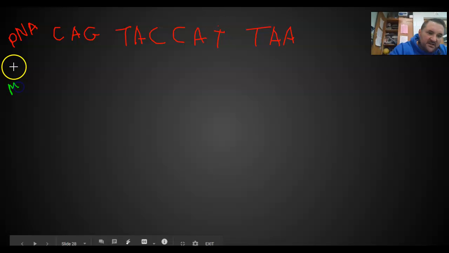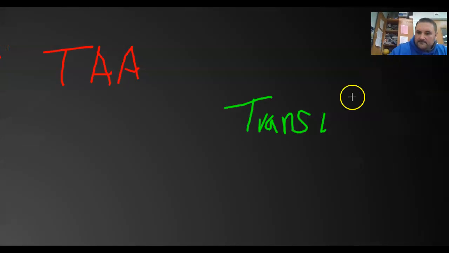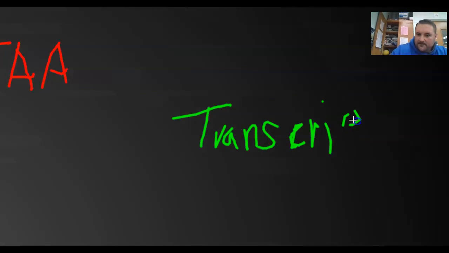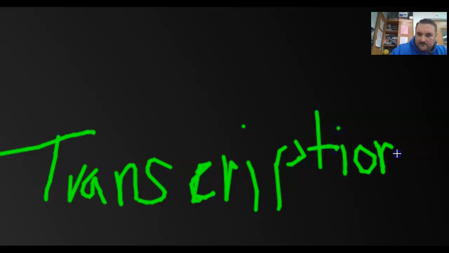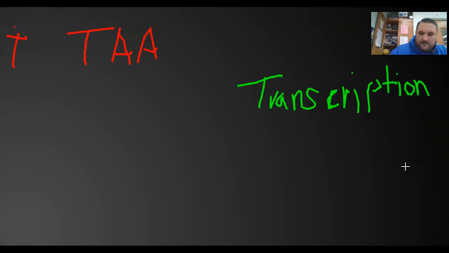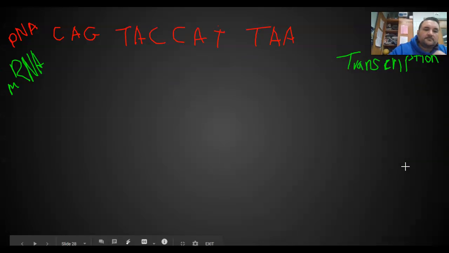My mRNA strand will form during transcription. So C, G, A would normally go to T, but it's uracil.